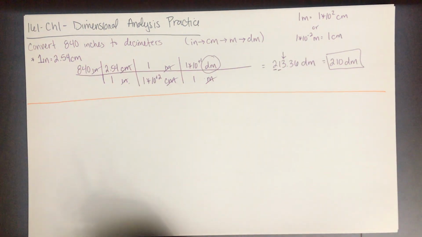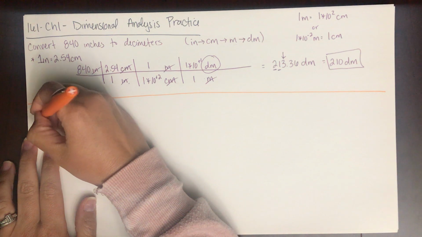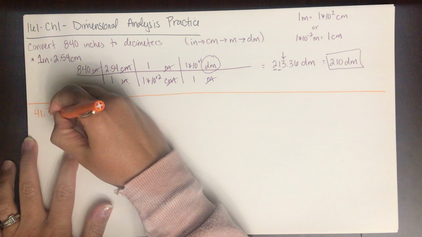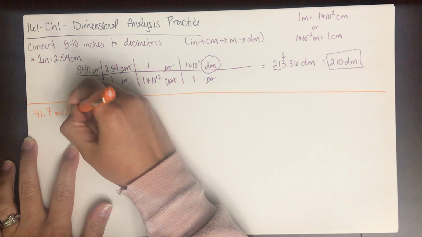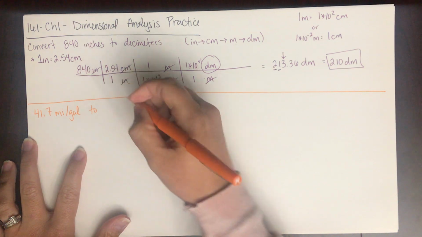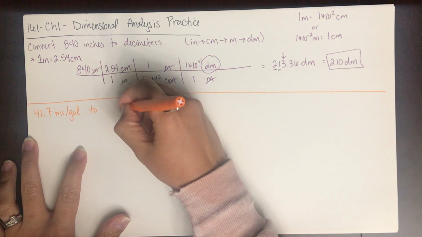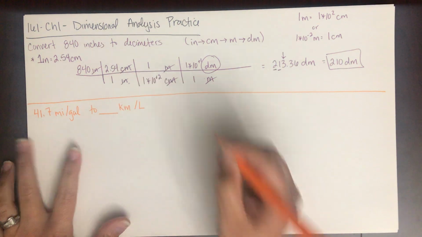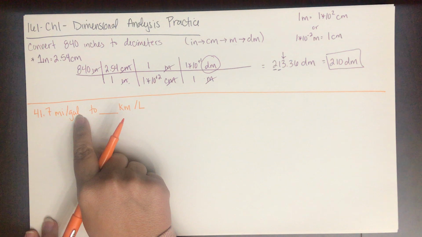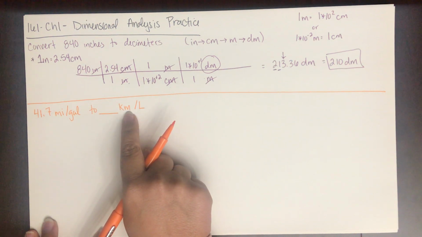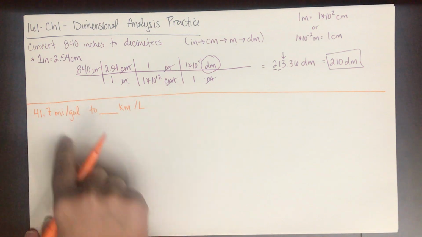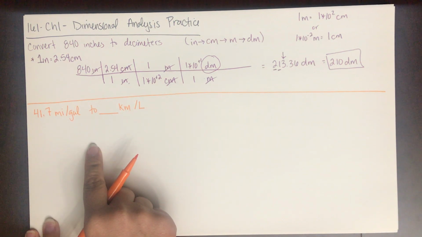So let's say I want to convert 41.7 miles per gallon to kilometers per liter. This is a unit that has distance and volume, and I'm converting it to a different distance and a different volume. So there are 2 different conversions happening here.